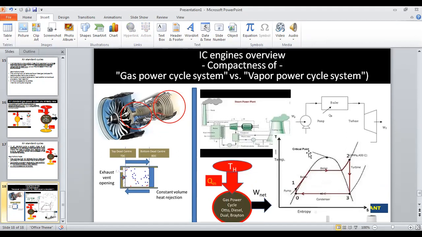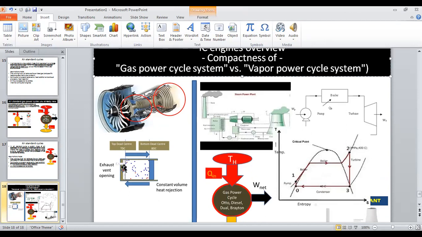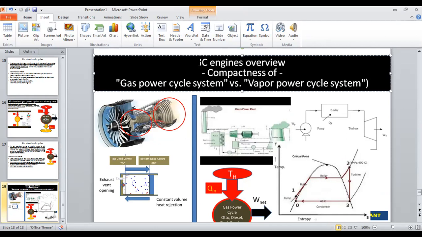So compactness. Okay, so this is about the compactness. So I will change this to the gas power cycle, gas power plant, compactness.